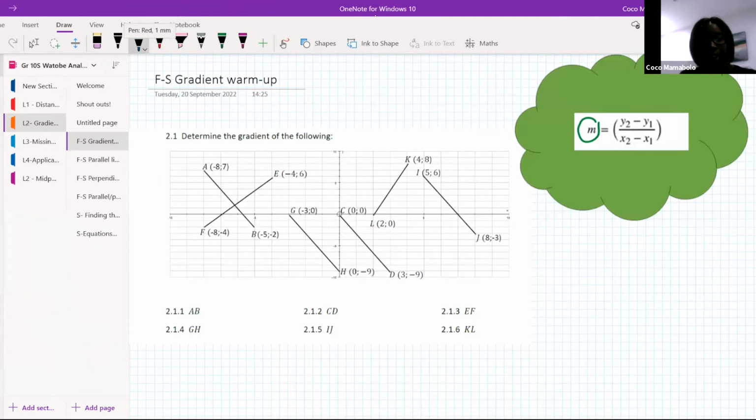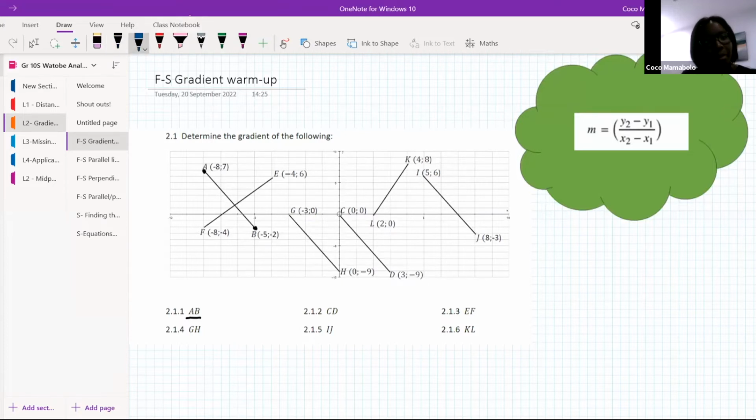Amazing. All right, so now we're actually going to calculate the gradient. The gradient works similar to how we did the distance formula and the midpoint, guys. We're going to take the formula and substitute in here. If I want to find the gradient for AB, I'm going to look at the point A and the point B, and choose my X1 and X2 and my Y1 and Y2.